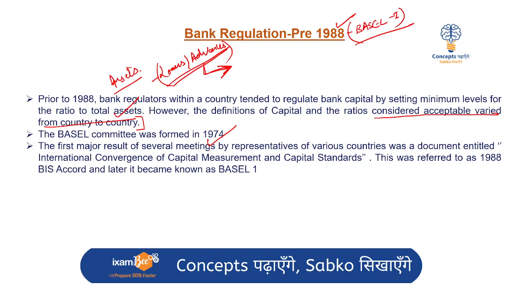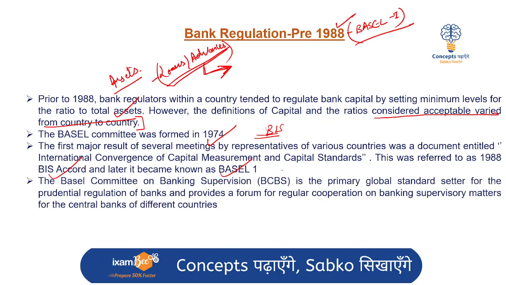It met regularly in Basel, Switzerland, under the patronage of the Bank for International Settlements. The first major result of these meetings was a document entitled International Convergence of Capital Measurement and Capital Standards. This came to be known as the BIS Accord, or later Basel I.